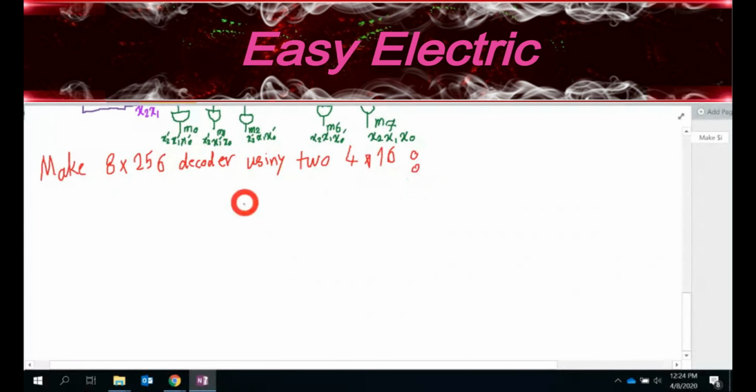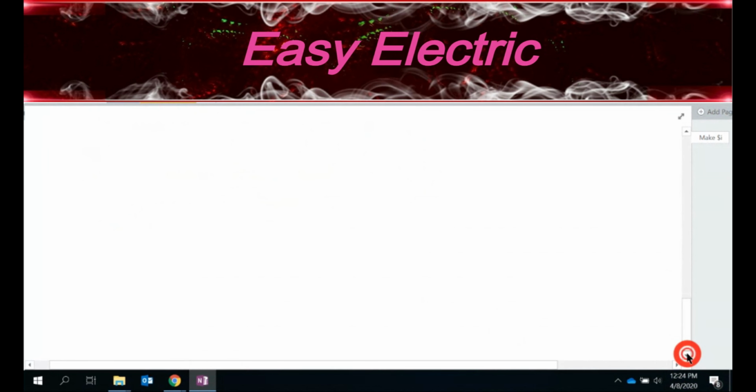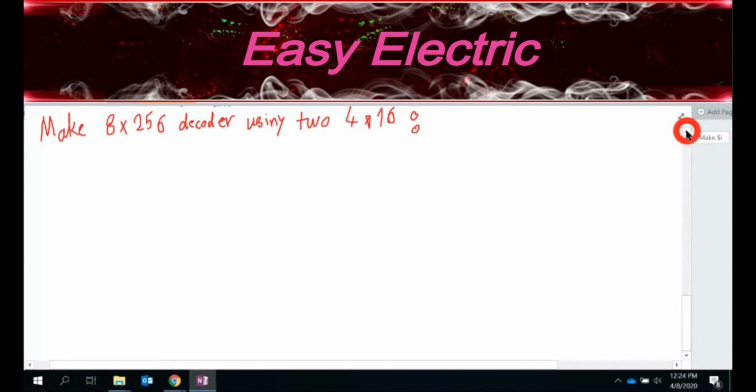Okay, so that means you actually need more room here. It's technically the huge decoder, right, with 8 to 256. Okay, so what you have is two 4x16. This is the first one. This is the second one.